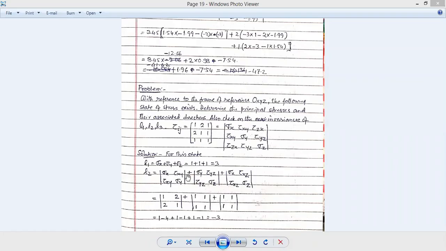Similarly, you can remember the other two: sigma y, sigma z, with suffixes y, z for tau. Now put all the respective values. The equation will take this form: 1, 2, 2, 1, and so on. If we simplify it, L2 becomes minus 2.